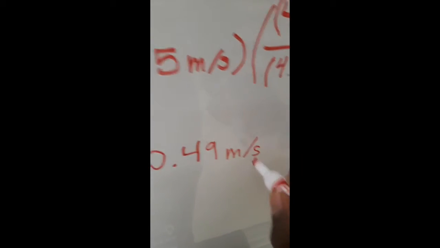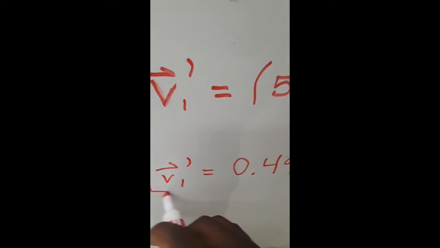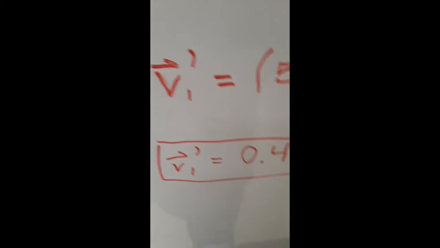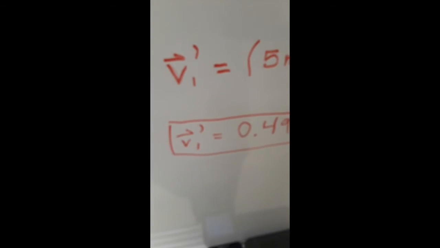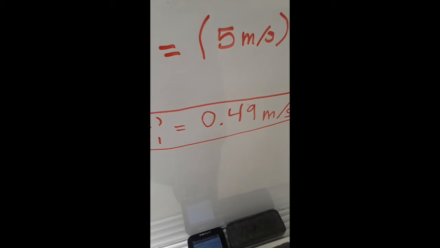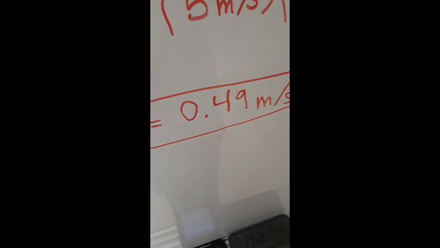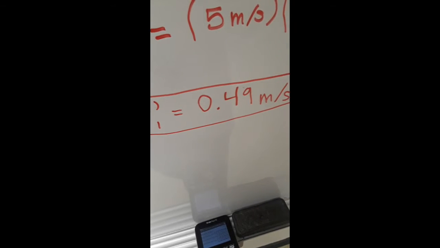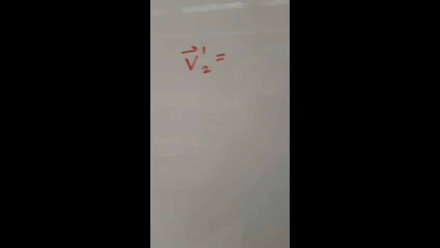This is the new velocity for the first object. As you can see, its velocity has decreased from 5 meters per second to 4.9 meters per second.